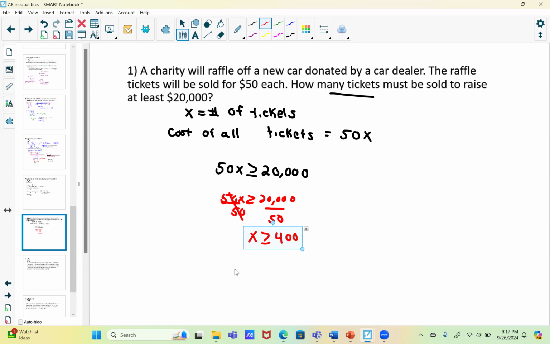So what does that mean? I need to sell at least 400 tickets. I can sell 400 or more tickets, and that will give me this profit. So that's one application of an inequality.